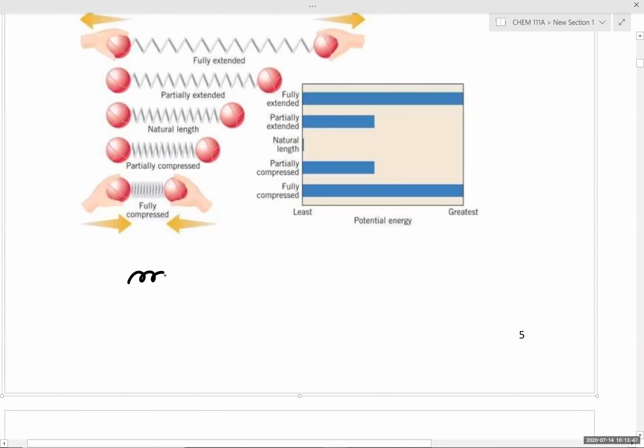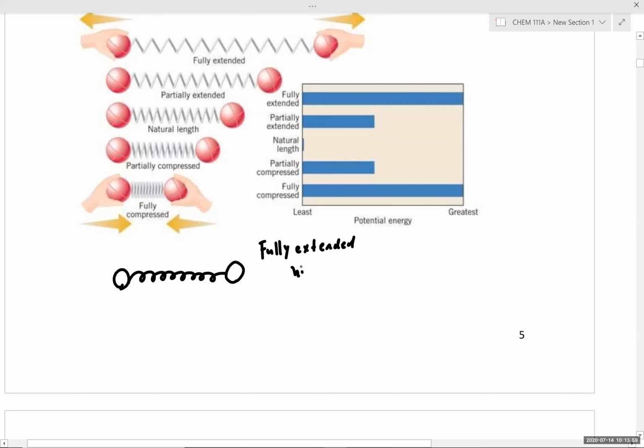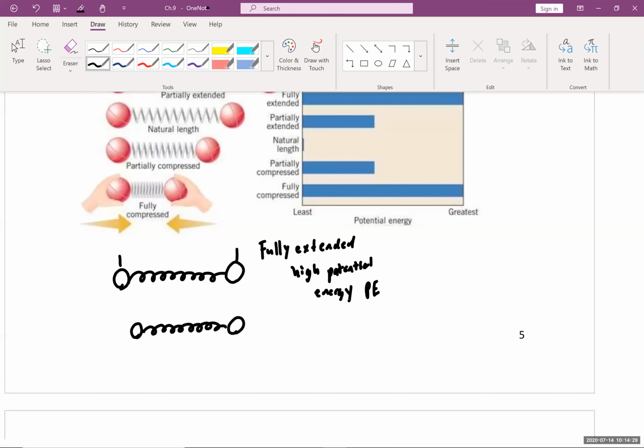Let's suppose we have our spring, and initially it's fully extended, so we have a high potential energy. If we're holding the spring, we can keep it from moving back to its resting state. But the moment we release the spring, we'll immediately see that both ends of the spring begin to move closer together.